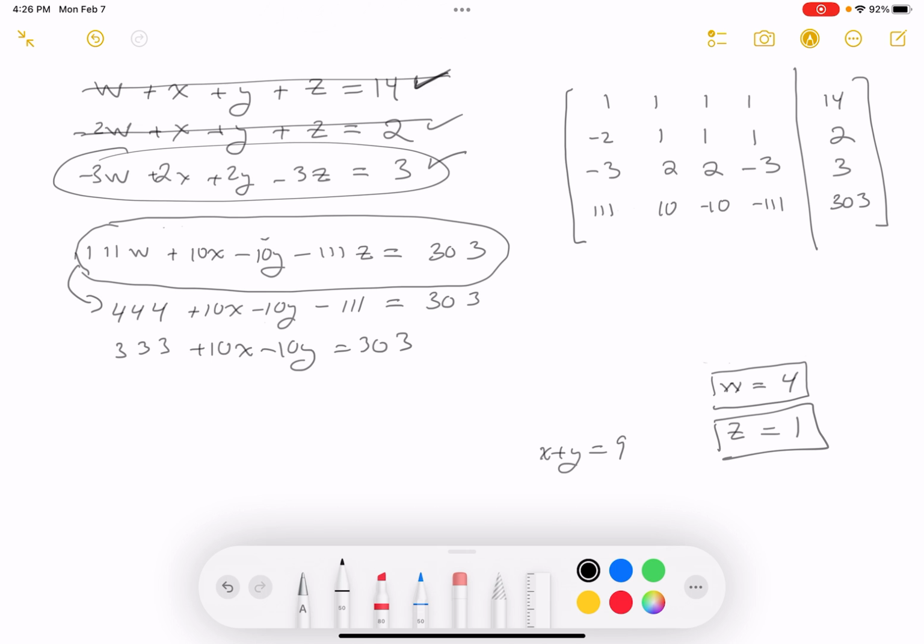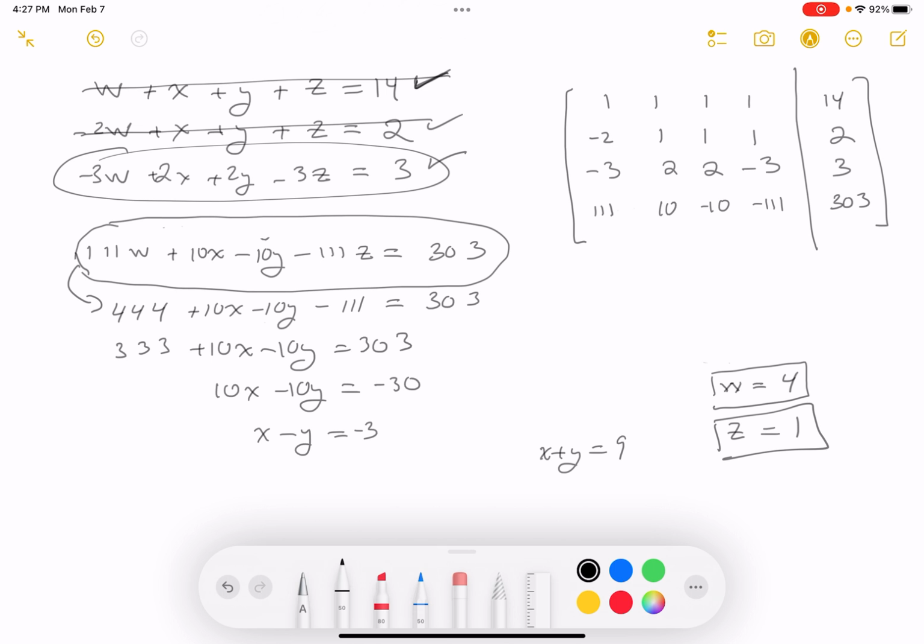All right, let's keep going. 10x minus 10y is equal to what? Well, I'm taking 333 from both sides, so it'll be minus 30. Well, I'm going to divide through by 10. And what do you get? x minus y equals 3. Oh, I'm sorry, minus 3. I divided by 10, right? And what do you got?